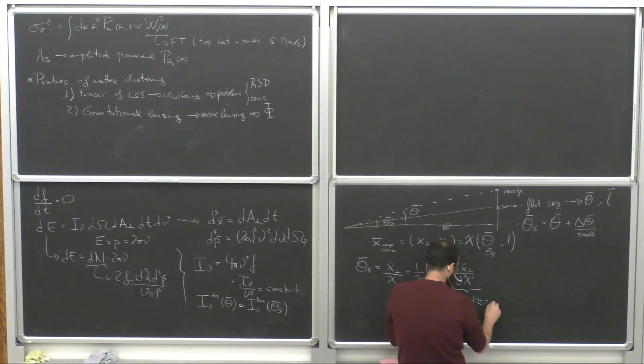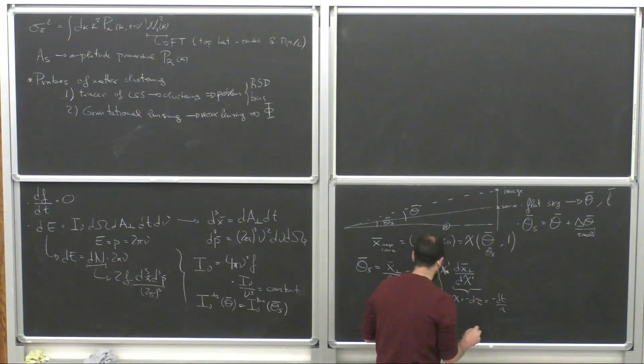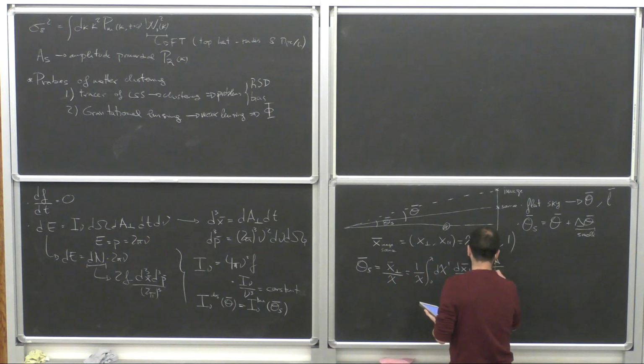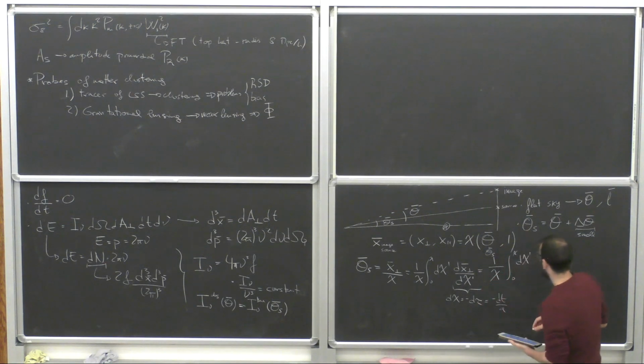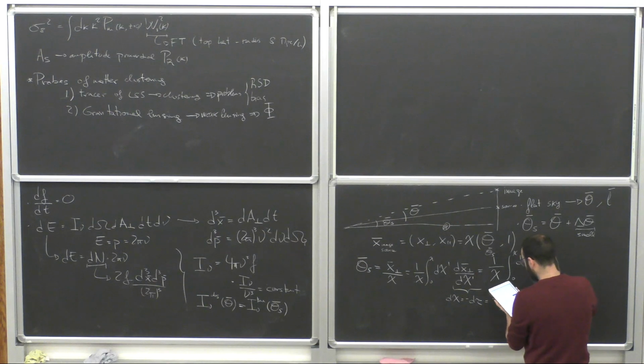And this is minus dt over a, in such a way that this is 1 over the distance, the integral from 0 to some distance, d chi prime, and we have minus dx as a function of time multiplied by the scale factor.